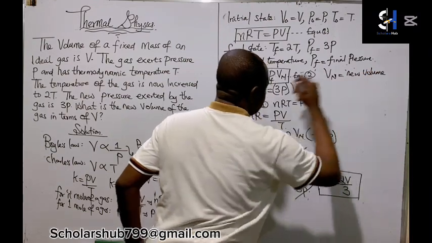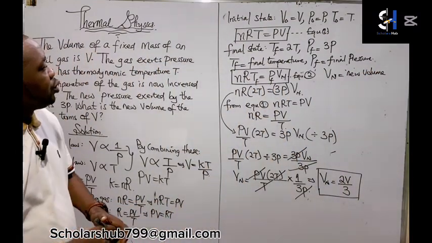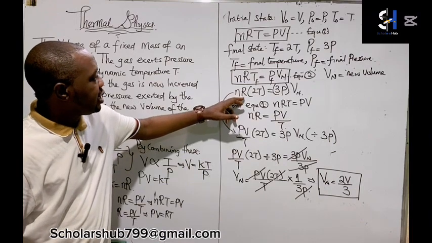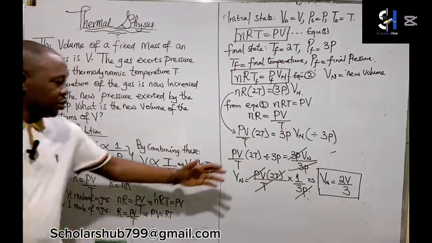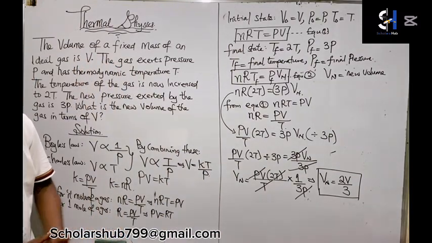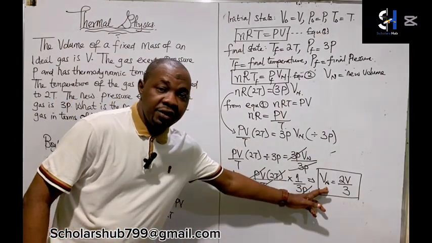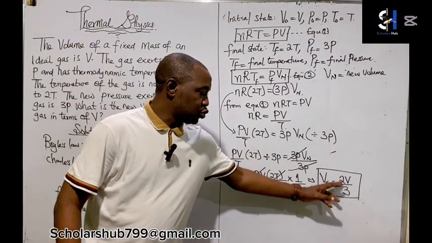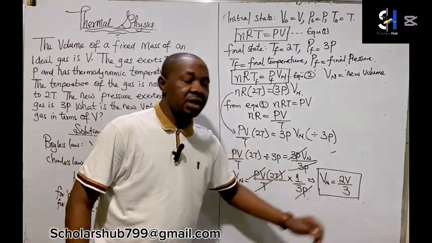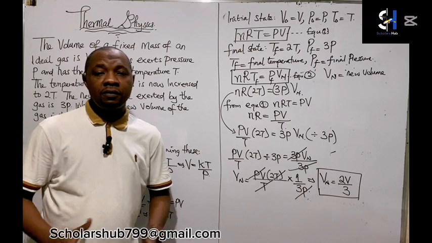We also recall from here that nR is PV over T. When we divide both sides by 3P, we now have our Vn. So Vn, the new volume, is equal to 2/3, that's 2 over 3, times the original volume.